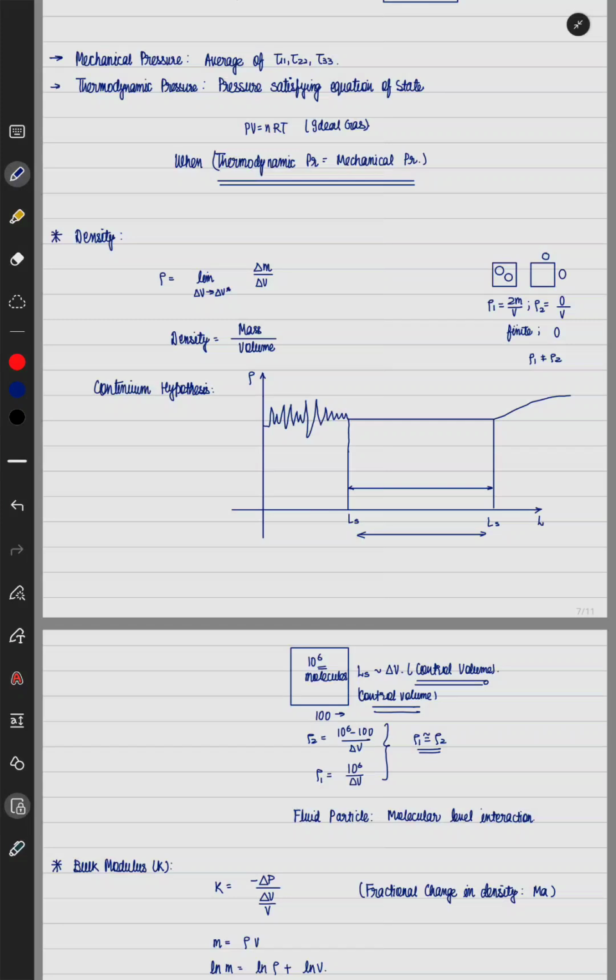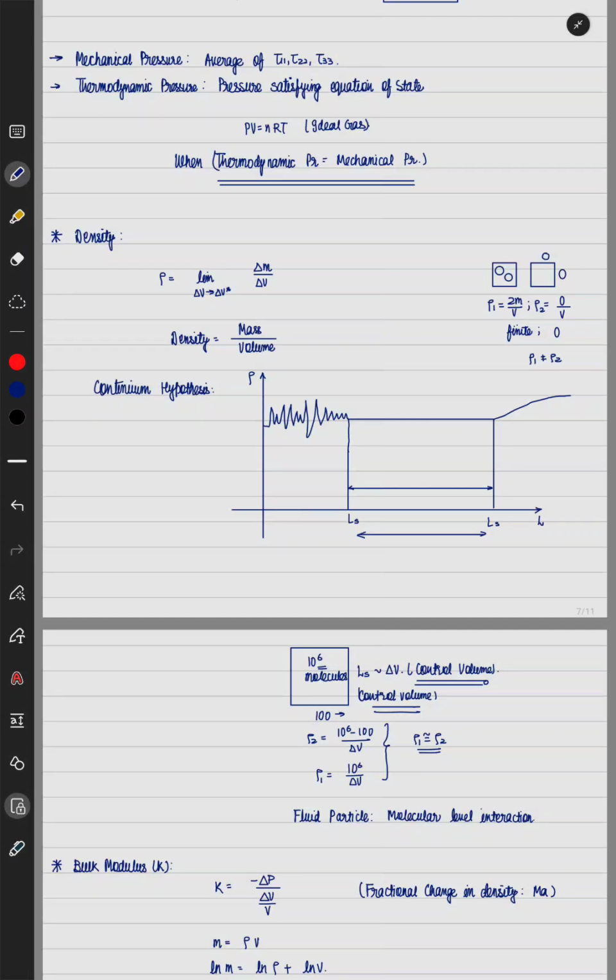So what we did was we defined a control volume whose length scale is not very big, not very small, such that the fluctuations in the property are not that significant, and corresponding to that length scale we defined the control volume, which constitutes several molecules, not one molecule, and that is called fluid particle, which can be repeated throughout the space to get the entire domain.